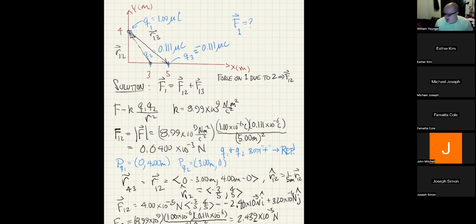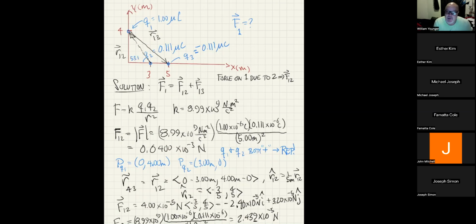So I can just work out what that angle is between the positive x-axis and that vector. And of course, if you do the inverse tangent of 4 over 3, you get 53.1. So you know that this angle right here, let's try writing it in blue, this angle would be 53.1.